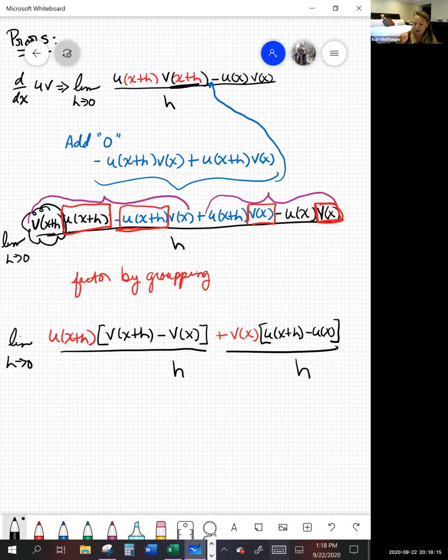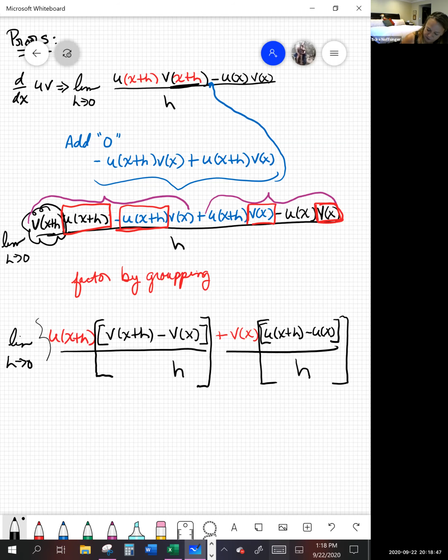Common denominator, we could rewrite it as 1. Look at what's in black. Doesn't that look like something right there? And this in black over here, doesn't that look like some sort of definition? v of x plus h minus v of x all over h, and the limit as h goes to 0 of that. This is a limit, so we can take the limit of each grouping.